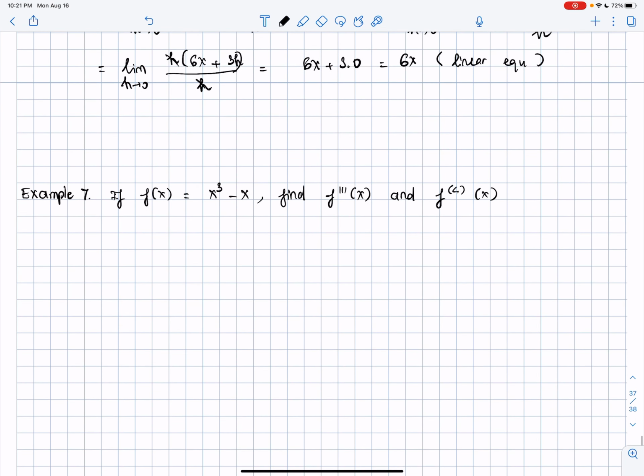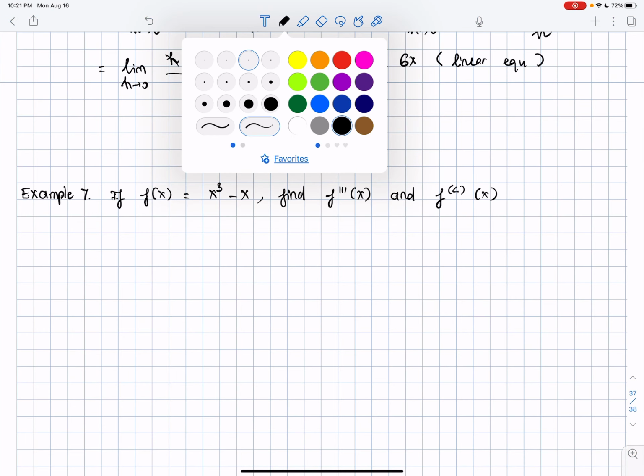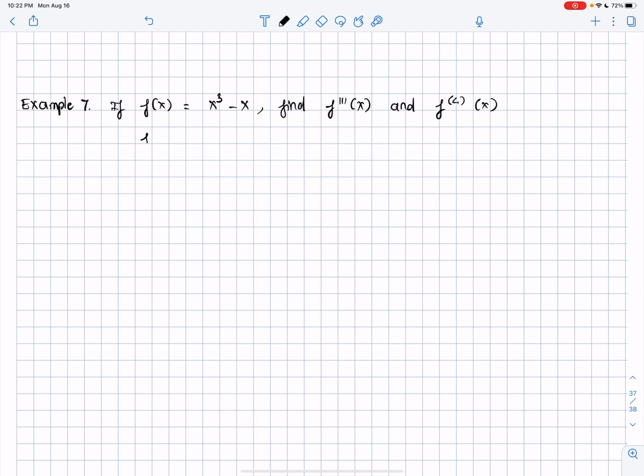Example number 7. If f of x is x cubed minus x, find f double prime of x, f triple prime of x, and the fourth derivative of x. So let's write out everything again. We have f prime of x is 3x squared minus 1, and we just found that f double prime is 6x.